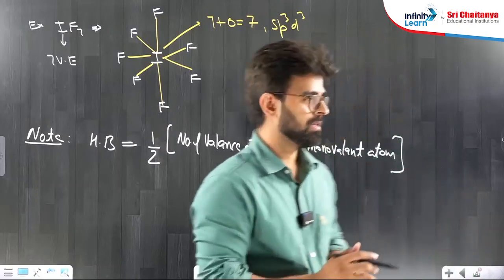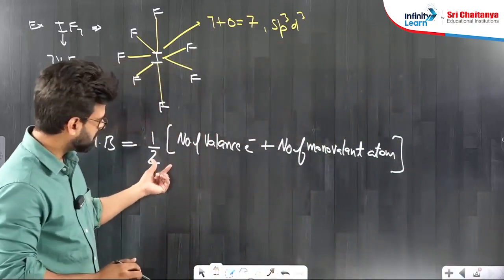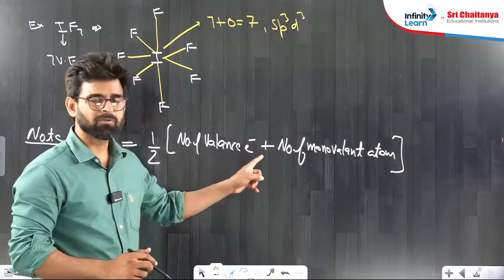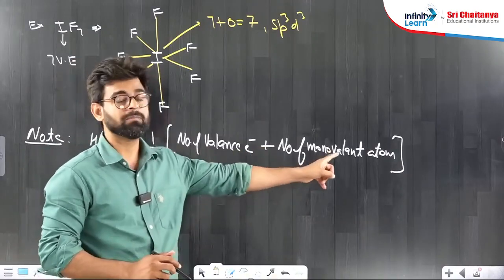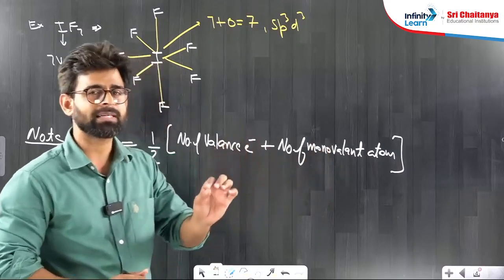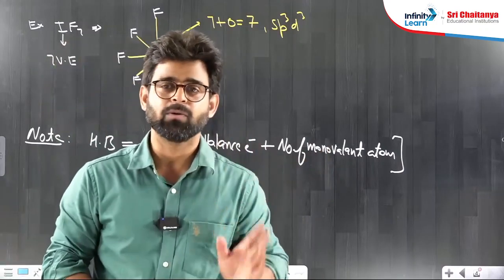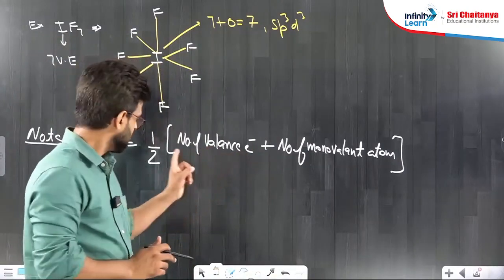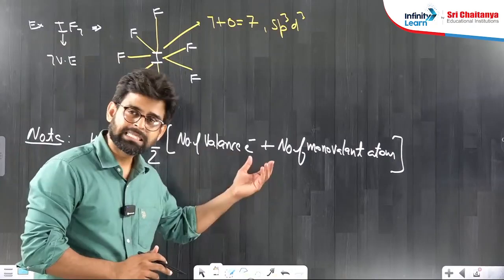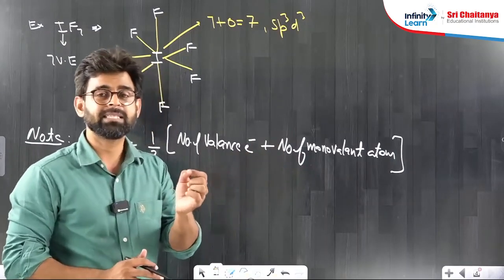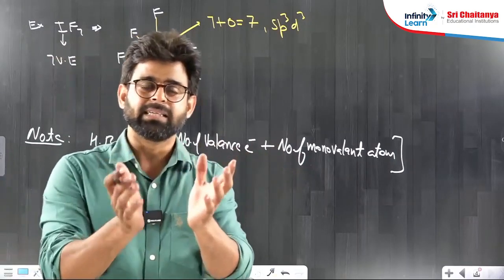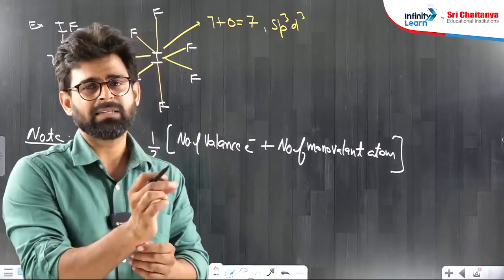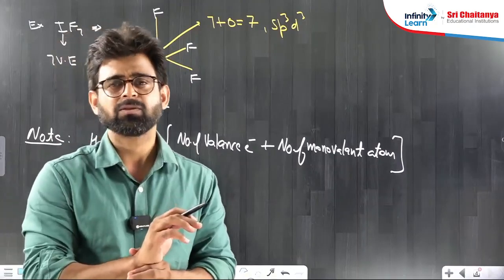For the atom for which you are finding hybridization, you have to see its number of valence electrons, and then the number of monovalent atoms. A monovalent atom is one which will make a single bond with our central atom. If there is a negative charge on the ion, you will add electrons. If there is a positive charge on the ion, you will remove electrons. I will show you some examples.